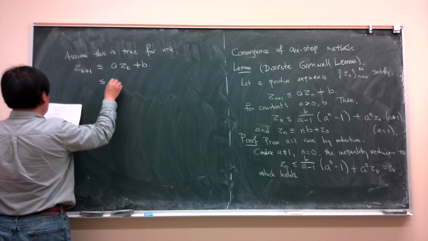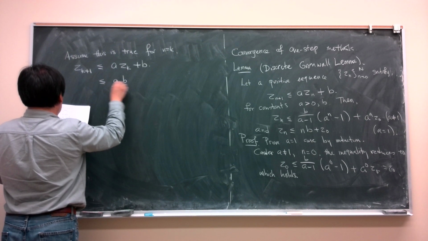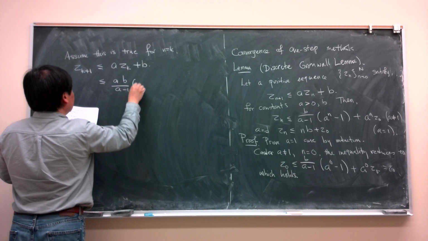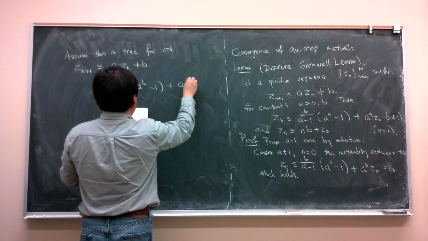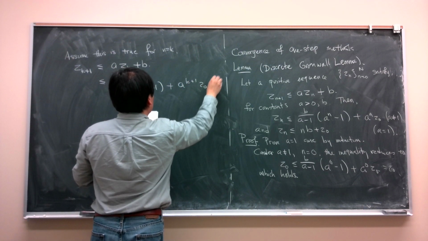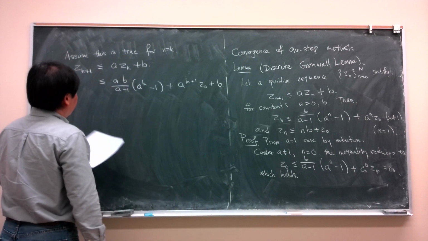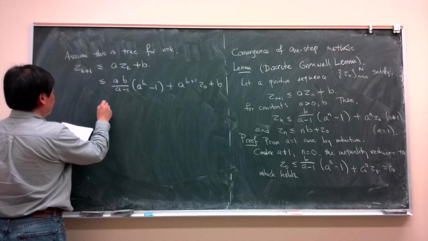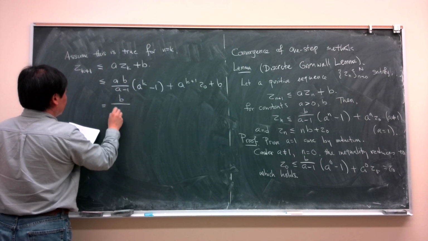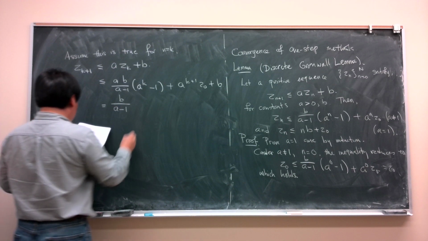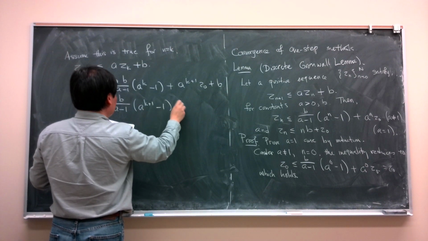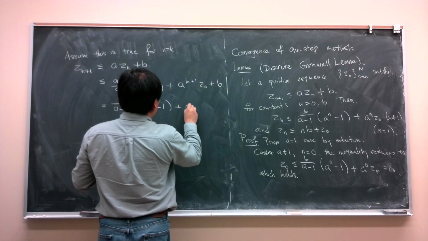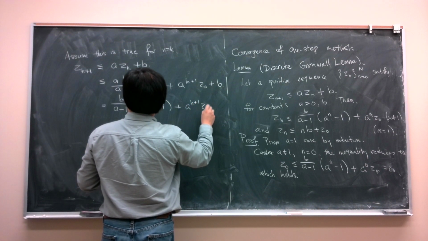So this is less than or equal to a times b over a minus 1, a to the k minus 1, plus a to the k plus 1, z0, plus b. Then you can rewrite this in the form you want, which is b over a minus 1, a to the k plus 1 minus 1, plus a to the k plus 1 z0.